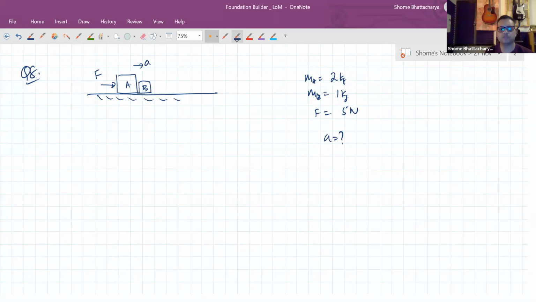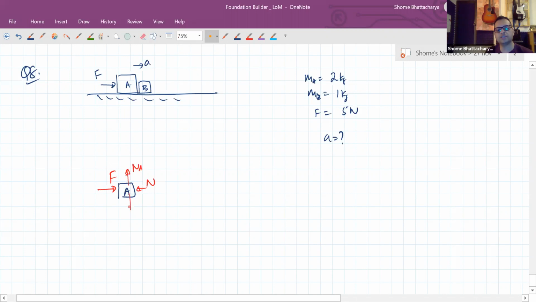So basically what you do is make the FBDs of each of the blocks. For block A, what all forces are acting? There's F from this side, and some kind of normal force from this side. The ground will apply some normal reaction, and there will be the weight. It has an acceleration a like this. So we have F minus N is equal to mass into acceleration.